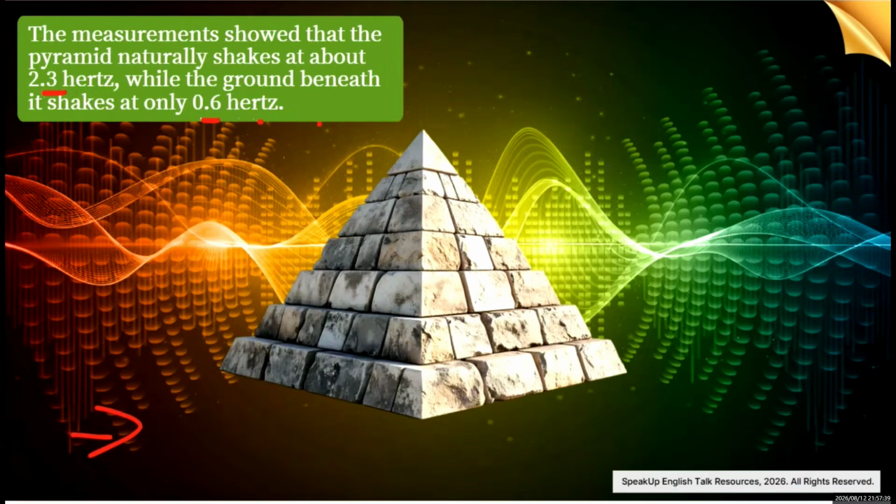So, to put it in a nutshell, the pyramid's frequency versus the ground's frequency is not the same. And because of that, it actually makes the pyramids more sturdy and more resistant to earthquakes.